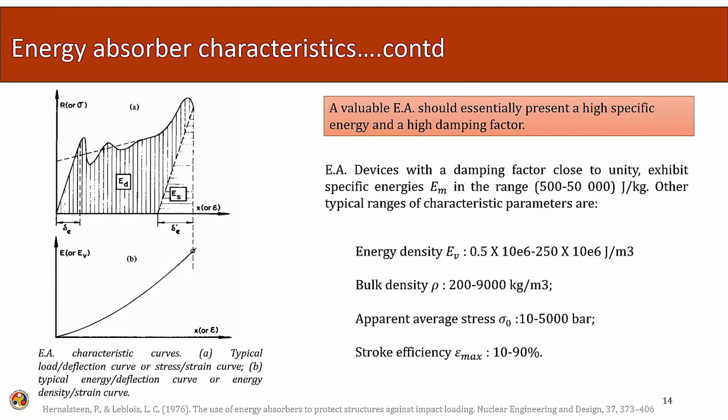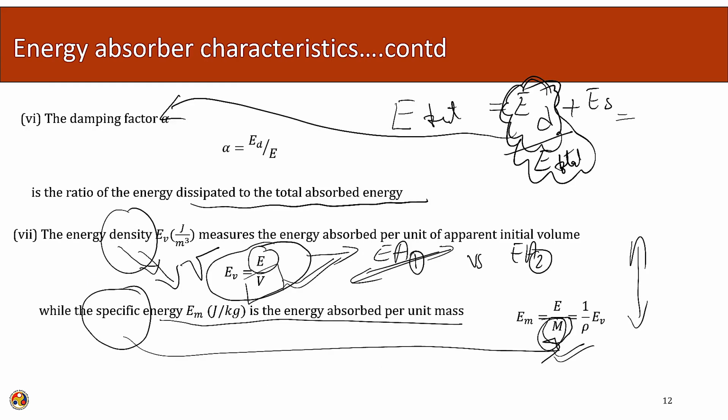So, moving ahead into the energy absorption characteristics. A valuable energy absorber should essentially present a high specific energy and a high damping factor. What does it mean? High specific energy. The definition of the specific energy we looked at here.